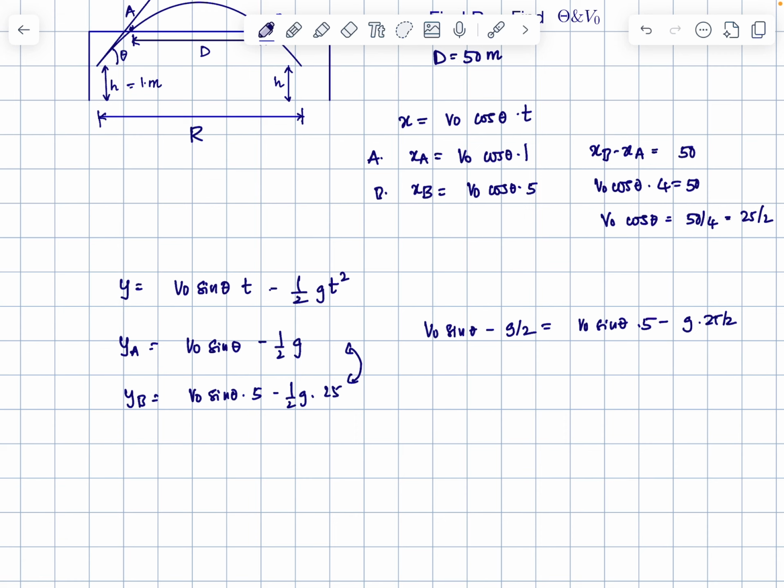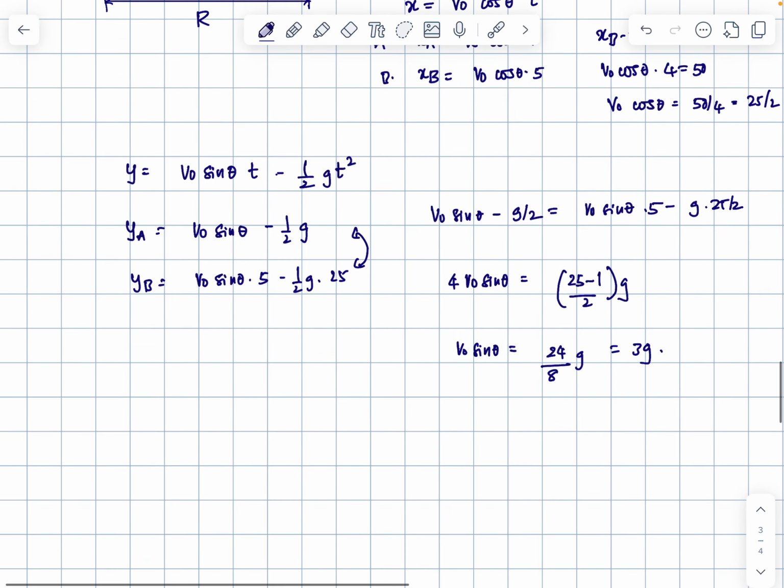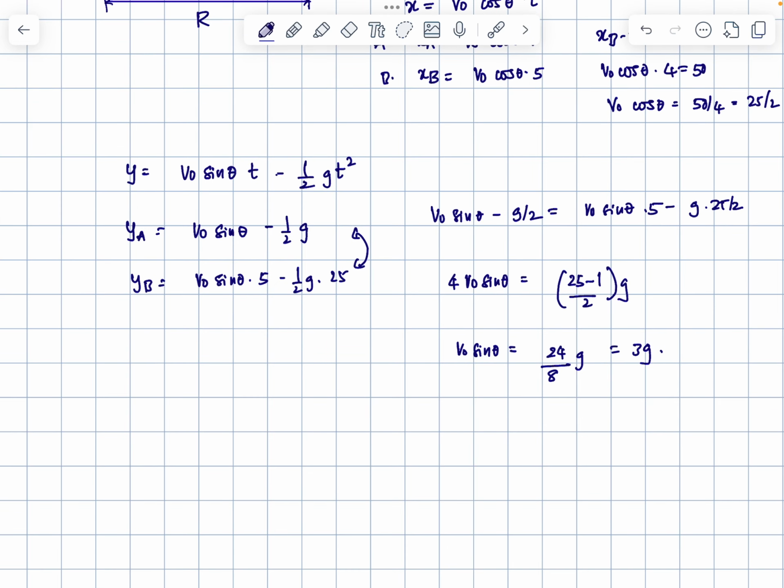So we rearrange things. We get 4 v0 sine theta equals 24 divided by 2 times g, so v0 sine theta equals 3g. That's pretty simple.